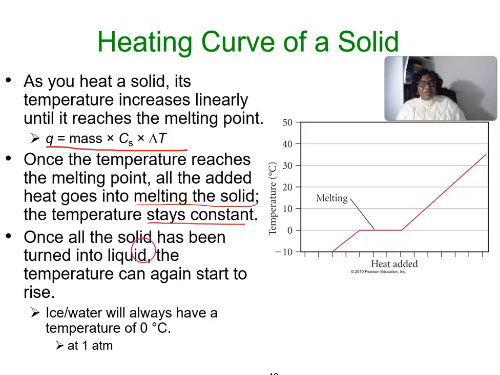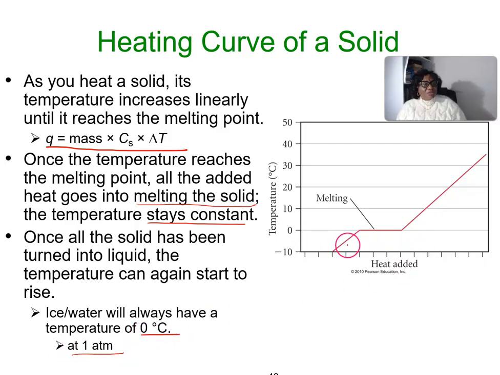So this is melting. Once all the solid has been turned into liquid, the temperature can again start to rise. For example, ice to water will always have a temperature of 0 degrees Celsius at 1 atmosphere.